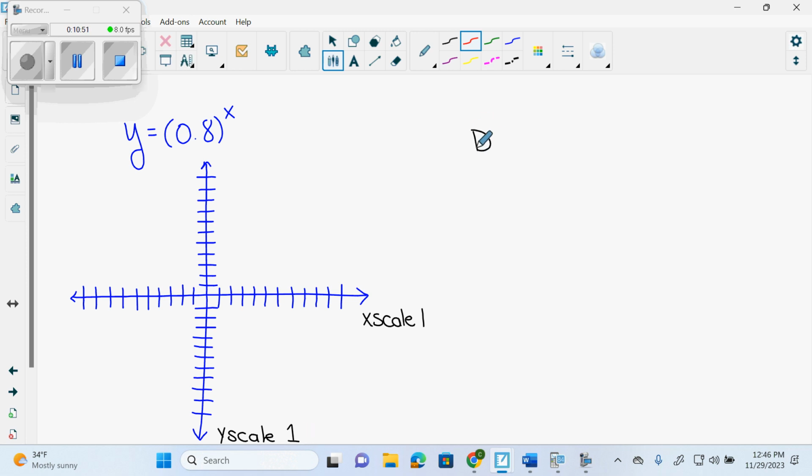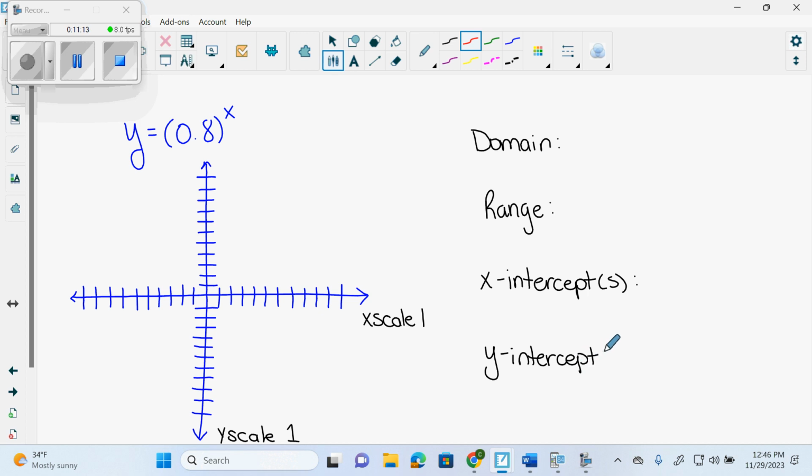I want the domain, the range, the x-intercept, the y-intercept, and the asymptote. Right up.